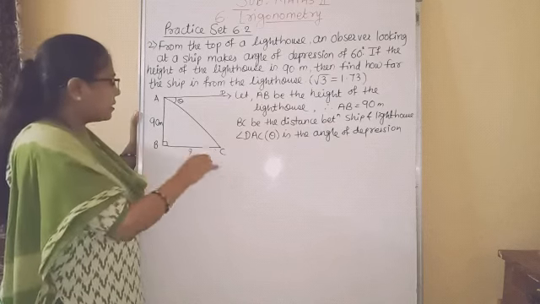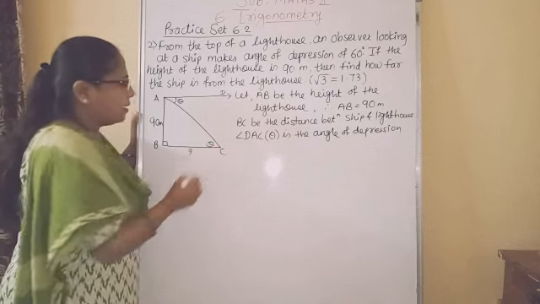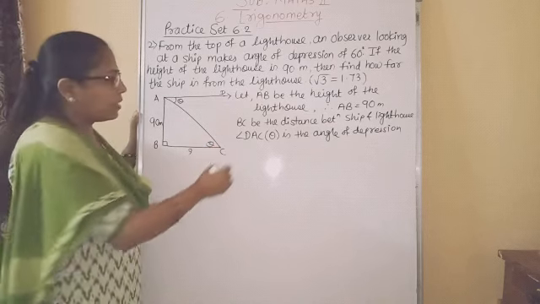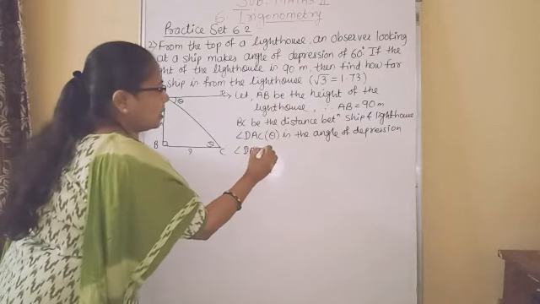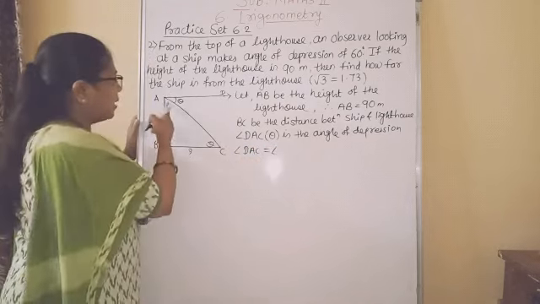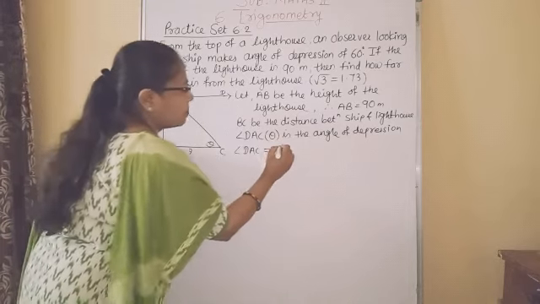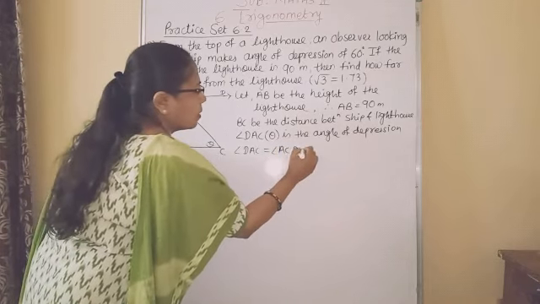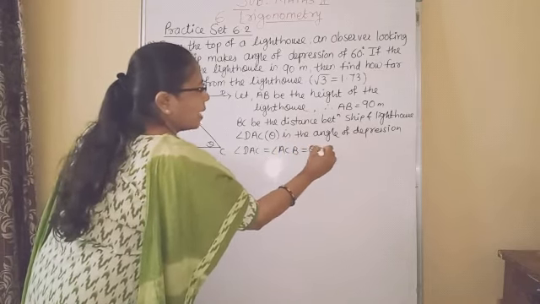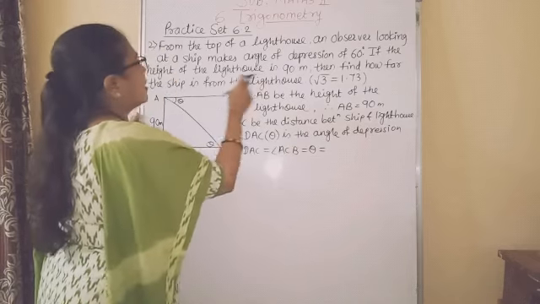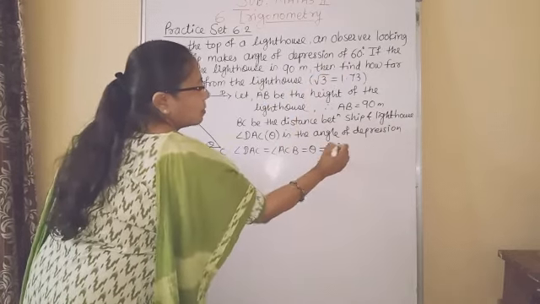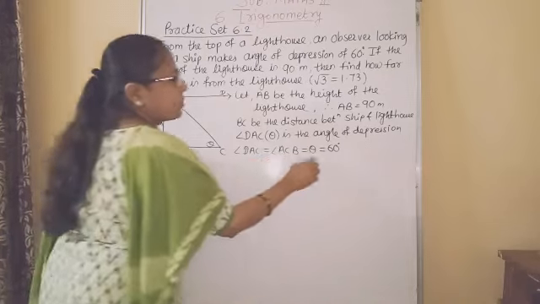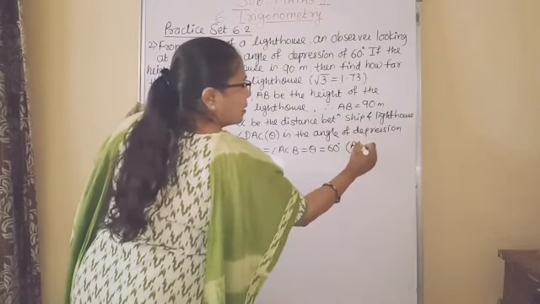So angle ACB is also theta. Angle DAC equal to angle ACB, which is equal to theta, and this angle of depression is given in the question, 60 degrees. And why these are equal, that we have to write here as reason: alternate angles.